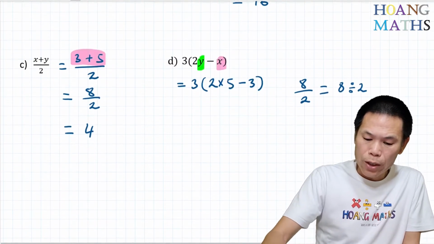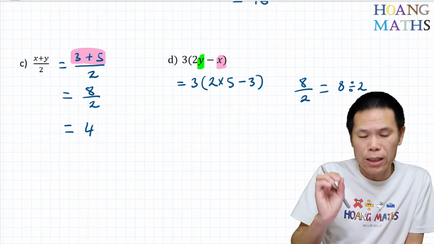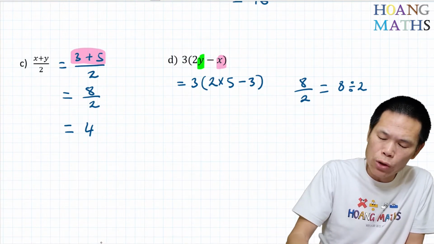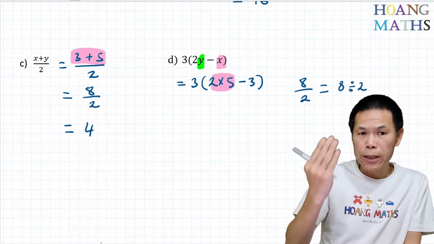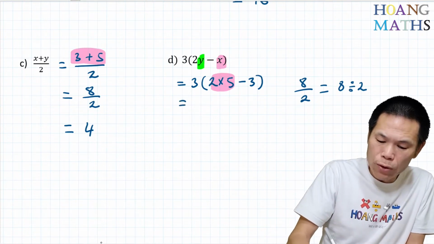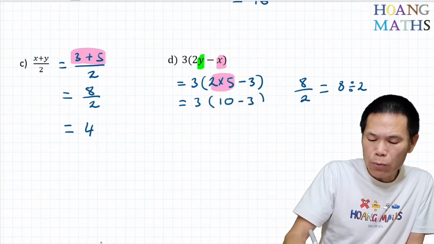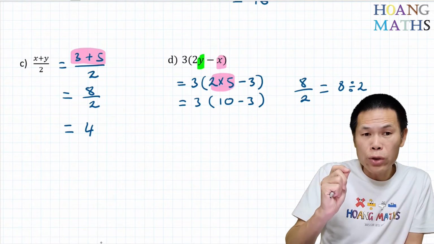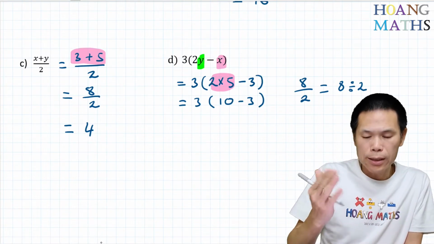So there you go. We need to do order of operations. We have to do inside brackets first. So we do 2 times 5 first, and we know that 2 times 5 is 10. The 3, we write it down. So that gives me 10 minus 3. We have to do inside brackets first. 10 minus 3 is 7.